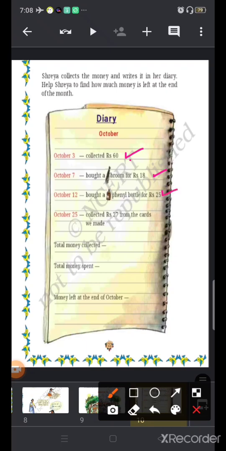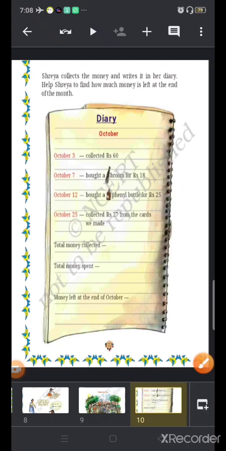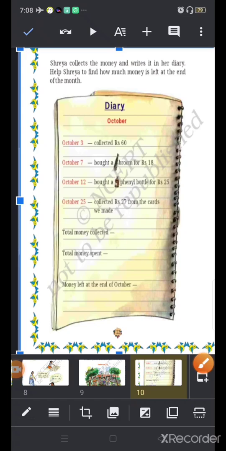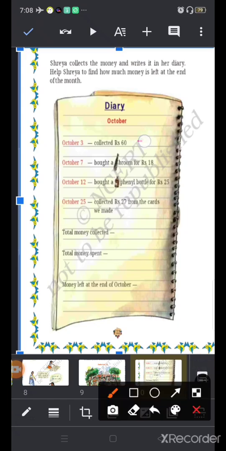And on October 25, she collected rupees 27 from the cards we made. Okay. So, these two, rupees 60 and rupees 27, she has collected.